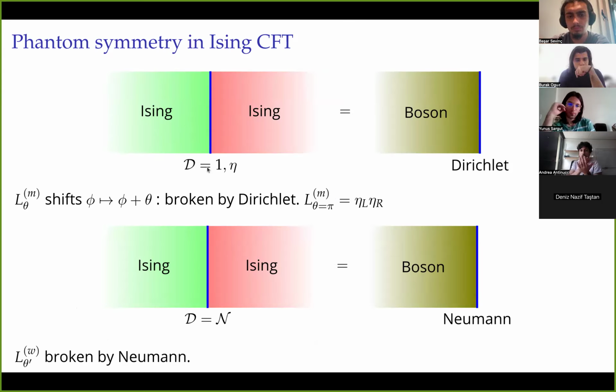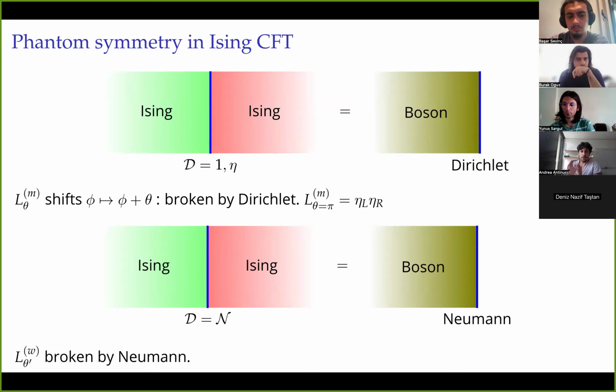I fold around the identity line, or I can also fold around the Z2 line. And in both cases, I get this free boson with a Dirichlet boundary condition. Dirichlet means phi equals something. That something will depend on whether I take 1 or eta. It's also a bit complicated to determine exactly which Dirichlet boundary condition that is.